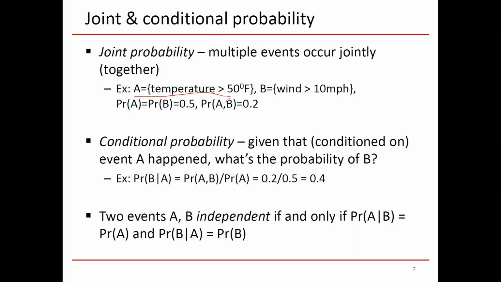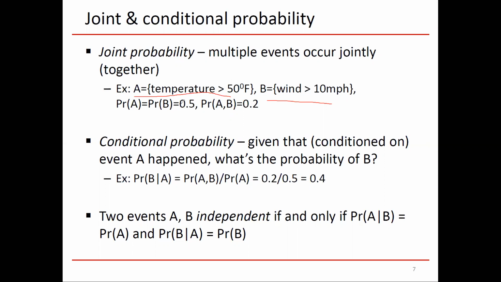And as you know, in August, when I'm recording this, the probability of a temperature above 50 degrees is very high. And B corresponds to the wind being more than 10 miles per hour. Now, I made up these probabilities. The probability of A, moderately high temperature, and the probability of a moderately high wind are both 0.5, but the probability of the joint event is only 0.2.